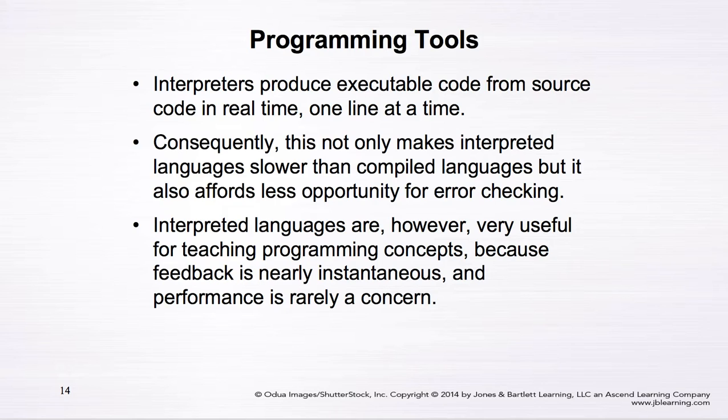This is because feedback is nearly instantaneous, and performance is not really a concern in such a situation. So if we are teaching a programming language, some interpreted language can be used. That gives a very intuitive view of how the machine performs the task.